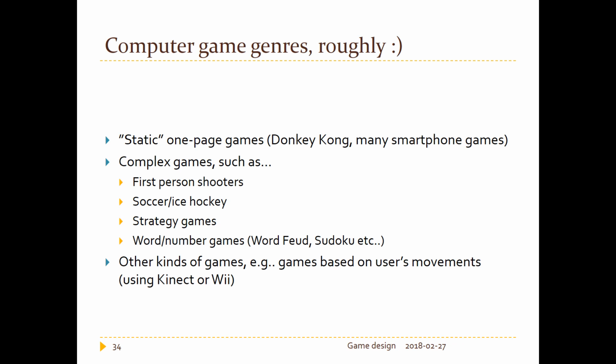And word or number games like Sudoku games or Scrabble, etc. And then there are also other kinds of games based on users' movements, rather interesting, like Kinect or Nintendo Wii.